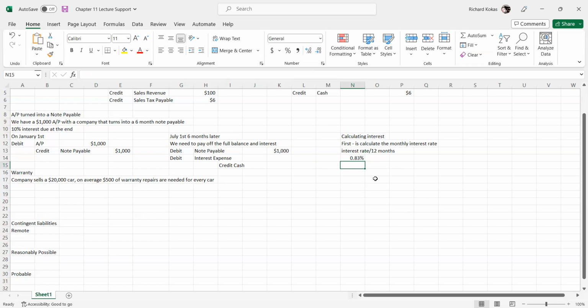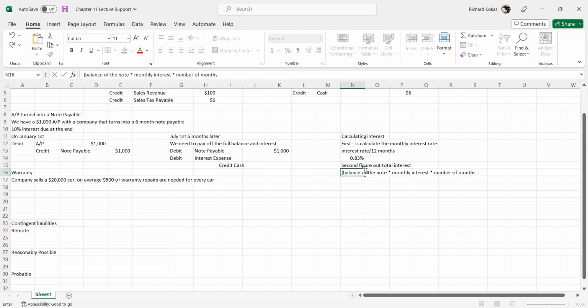Now we can use this in one big formula. Second, figure out total interest. To figure out interest, the balance of the note multiplied by the monthly interest rate multiplied by the number of months.